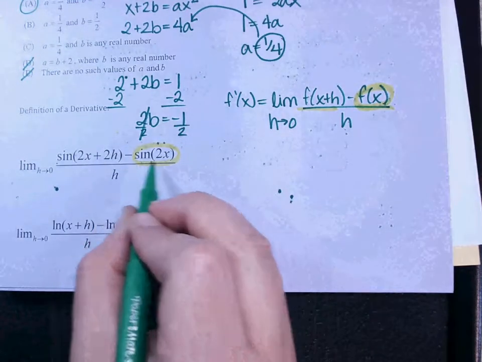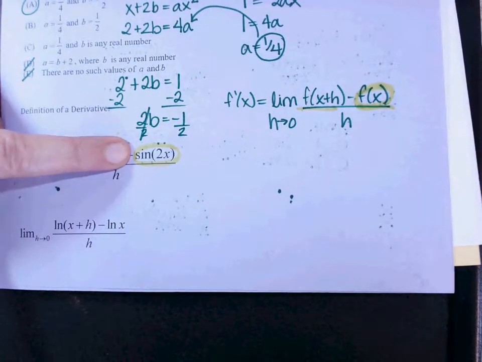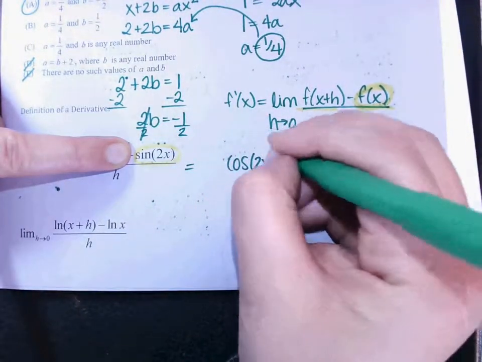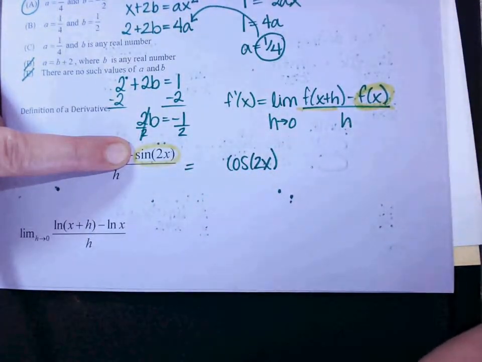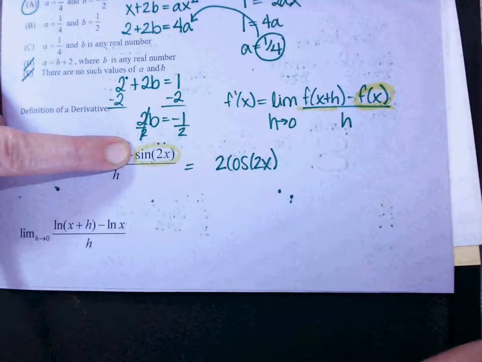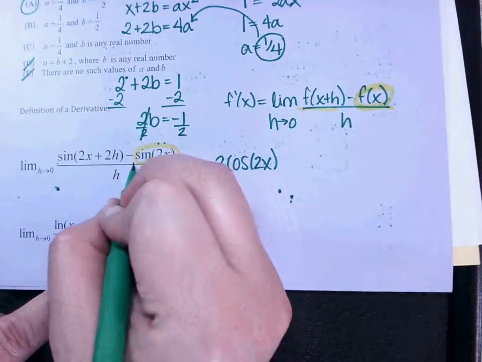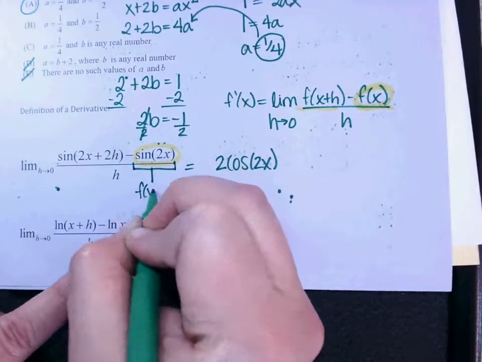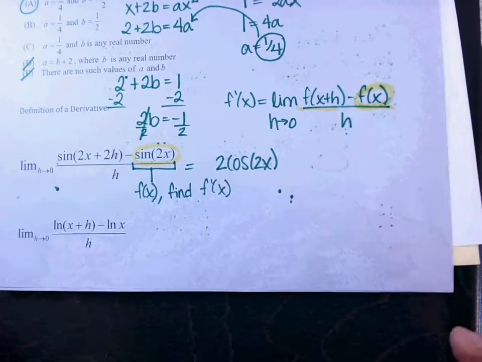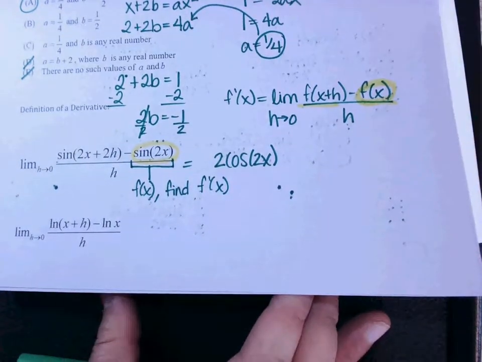So if it's sine 2x, what's the derivative of sine? Cosine 2x. And then what's the derivative of 2x in the middle for chain rule? Times by 2. So you're going to find the function in the middle. This is f of x. And then you're going to find f prime of x. Okay, those would be your steps if it's one of those.